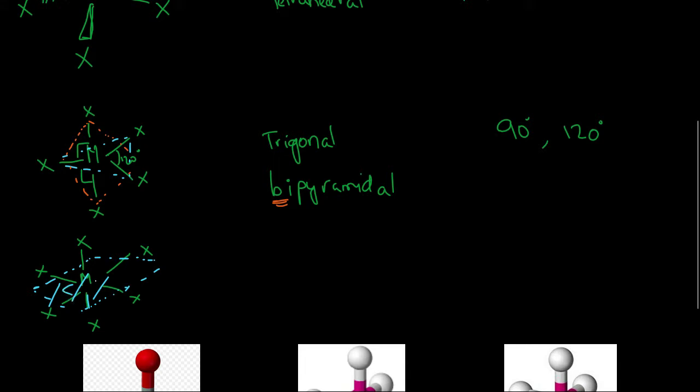So each and every member is at 90 degrees from each other, even the top one and the bottom one. This type of shape is called octahedral, and the bond angle is 90 degrees.